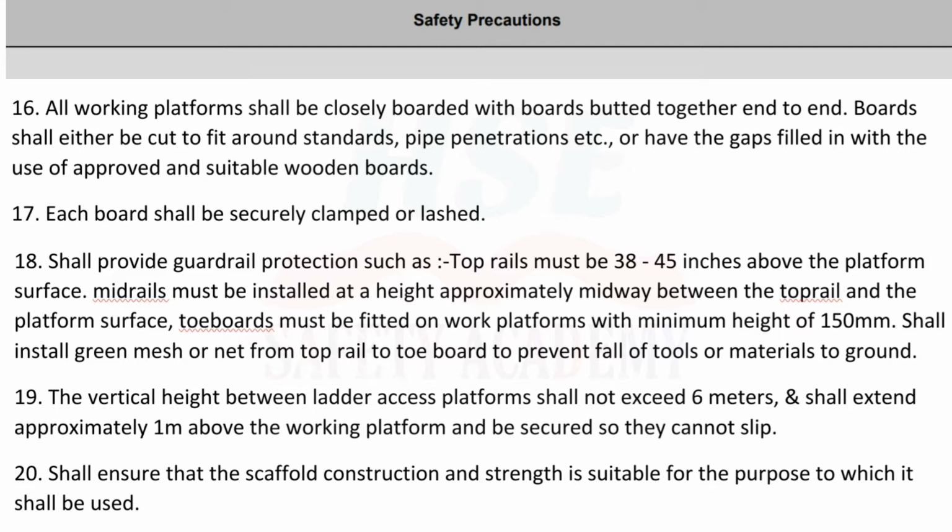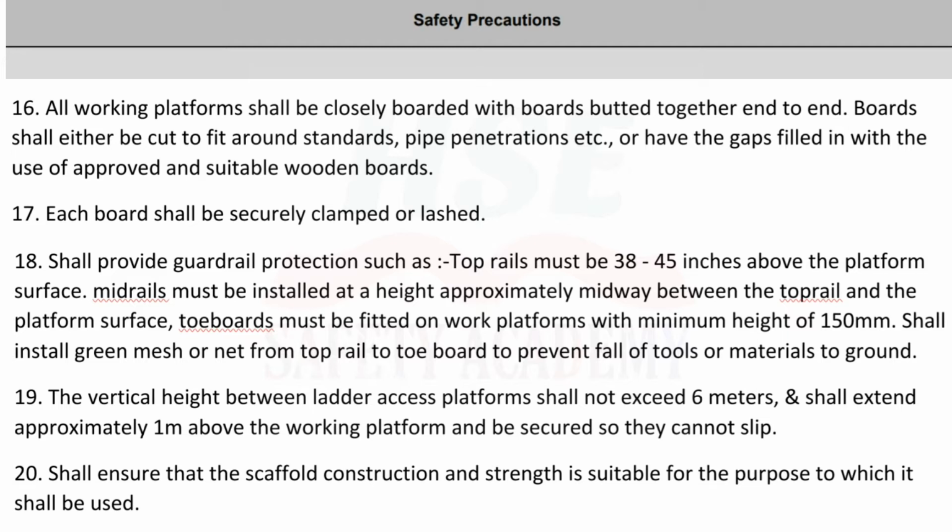18. Shall provide guardrail protection such as: top rails must be 38 to 45 inches above the platform surface. Mid-rails must be installed at a height approximately midway between the top rail and the platform surface. Toe boards must be fitted on work platforms with minimum height of 150 mm.